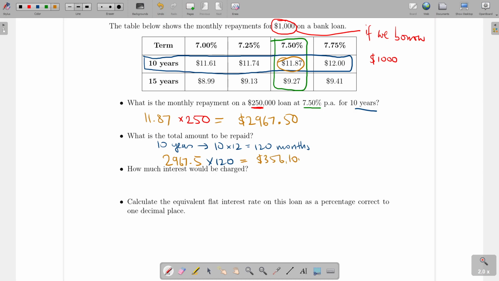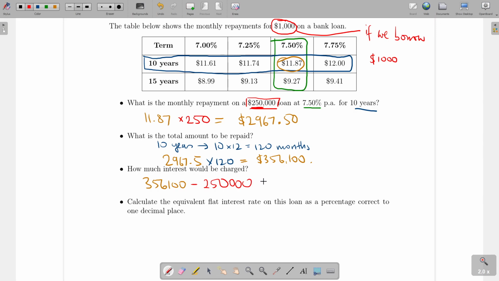Of course this is bigger than 250,000, so this 356,100 number is including a whole lot of interest. So how much interest is that going to be? Well, we can take this 356,100 and see how far above this $250,000 loan it's going to be. So minus the $250,000 that we originally borrowed.